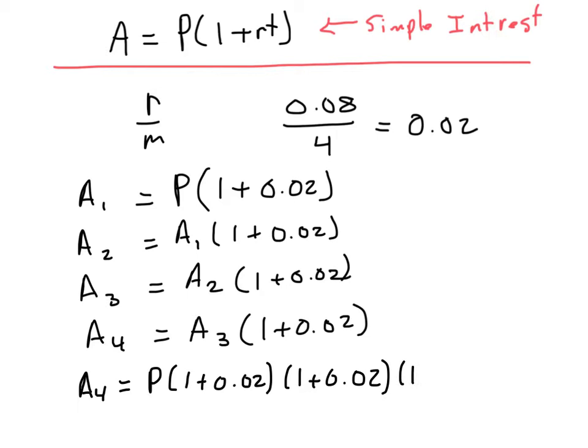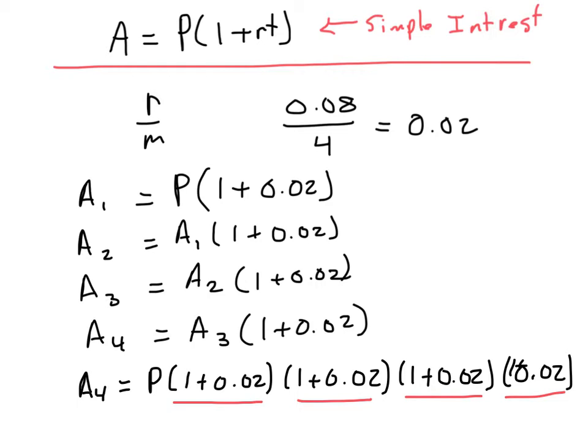That makes A3. Times another one of those. That makes A4. I forgot a 1 plus in there. Anyway, my point is that you'll see that we multiplied by 1 plus 0.02, in other words 1.02, 4 times. And we can use exponents to represent that.